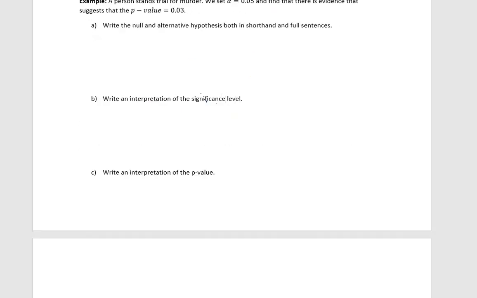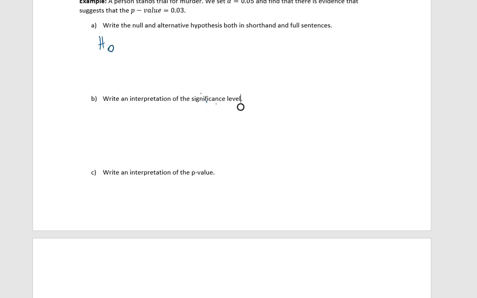So let's look at an example. A person stands trial for murder. We set alpha equal to 0.05 and find that there is evidence that suggests that the p-value is 0.03. So first, let's write and state our null hypothesis in both shorthand and full sentences.